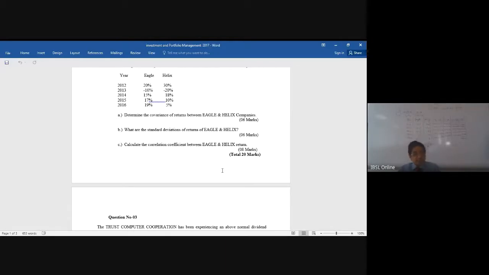So make it a point to plan your activities in the worksheet. If you do that correctly, then you can get your answers easily without a mistake. So we can go for question number 3.